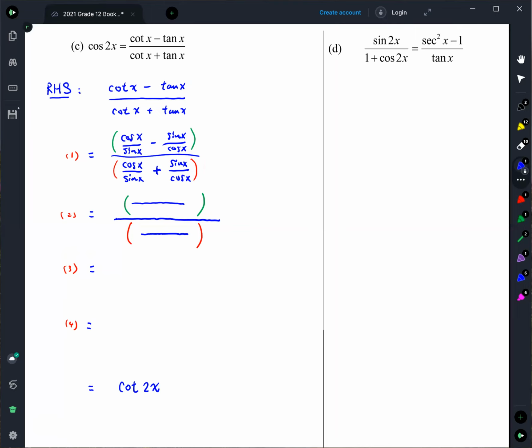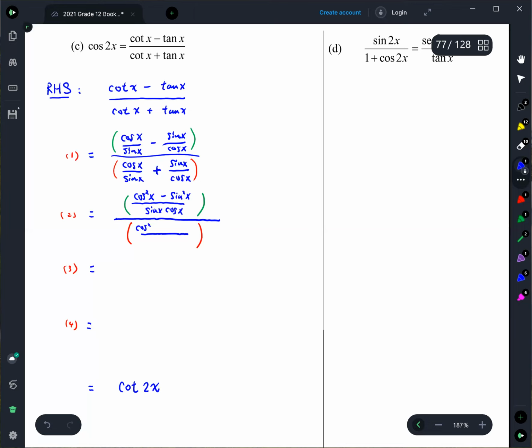Oh, I had cosine square x minus sine square x over cosine x sine x. Okay, very good. Yeah, common denominator is sine and cosine. Same thing on the bottom, but with a plus instead of a minus. Okay, so let's fill that in. Cosine square plus sine square, and then sine cosine.